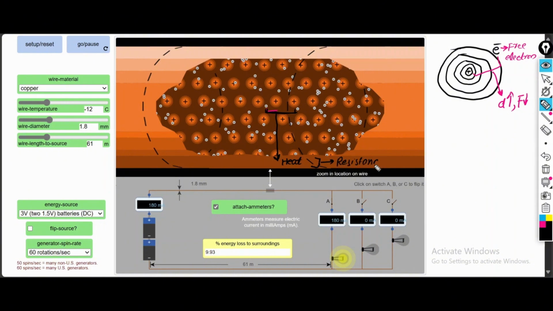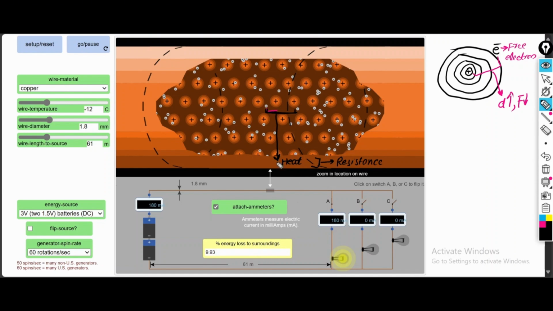There are a large number of collisions occurring inside this rod, so the summation of all these effects in the form of heat gives us the 9.93% heat, and that's why here it is written as energy lost to the surrounding in the form of heat.